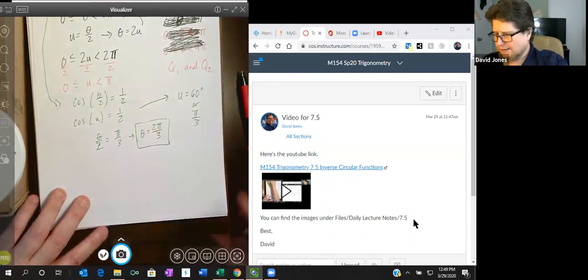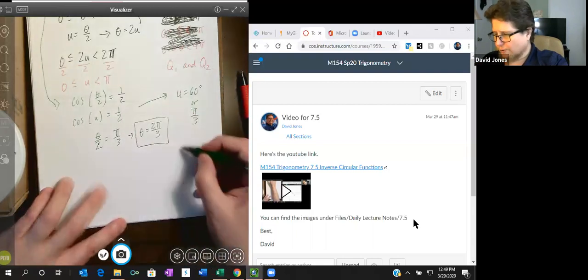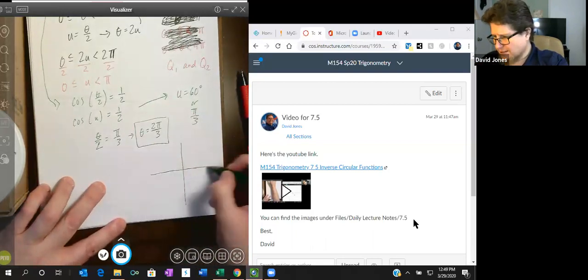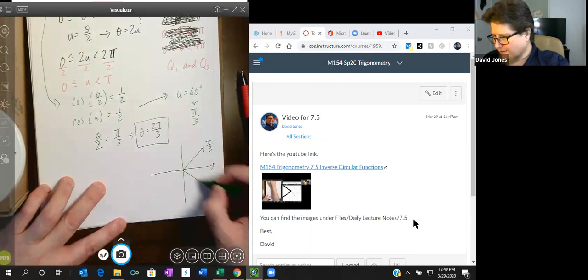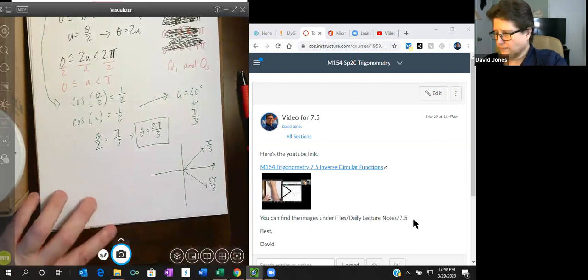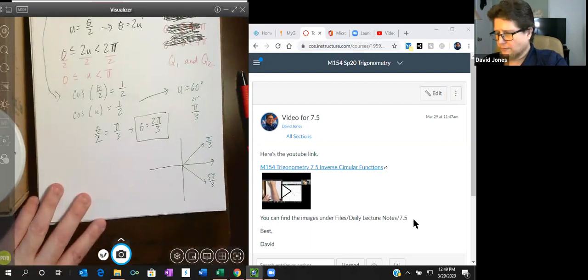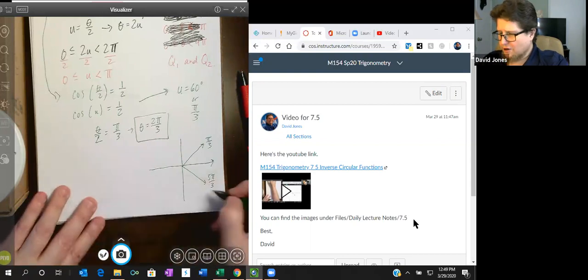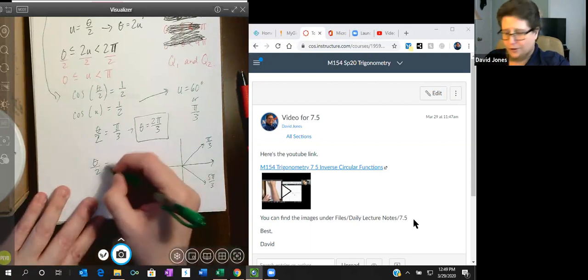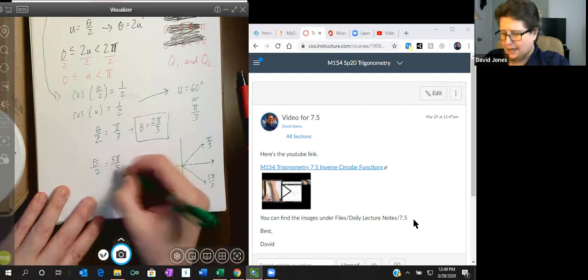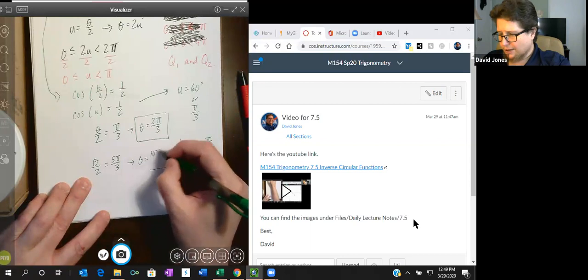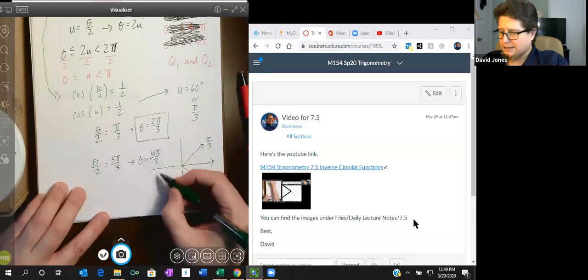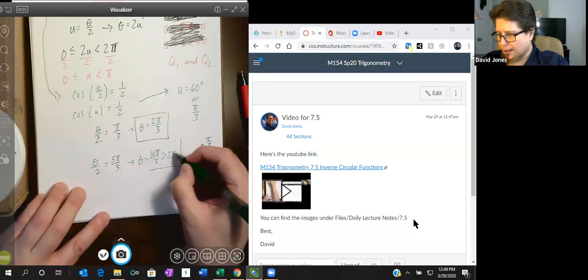Now, let's check. Let's look at that other angle, because this is pi over 3 here, but we also have 5 pi over 3. If I say theta over 2 equals 5 pi over 3, and I solve for theta, notice I get 10 pi over 3. 10 pi over 3 is greater than 2 pi.